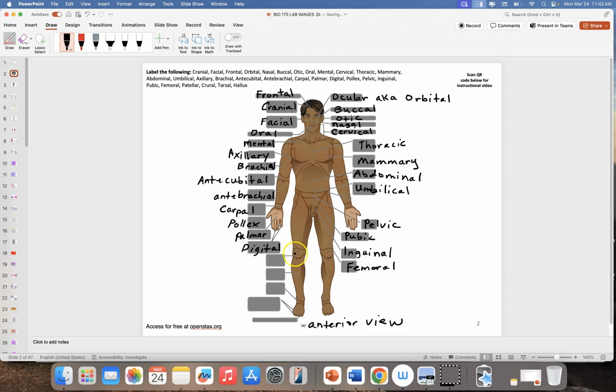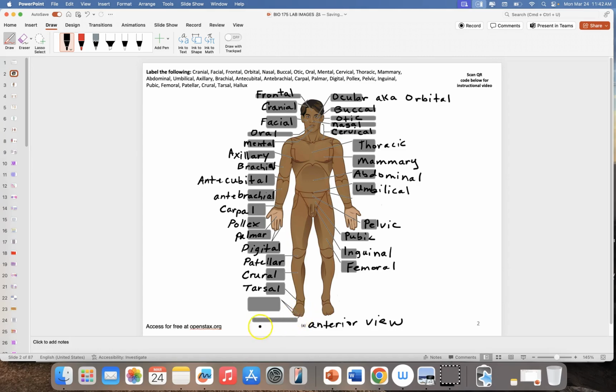Next, we have the knee. Patellar will be the landmark for the knee. And then we have the shin, which is crural. The ankle, which is tarsal. And then we have the toes, and then we also have the great toe.